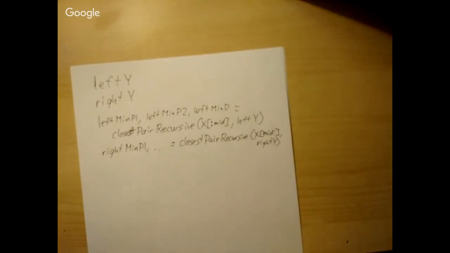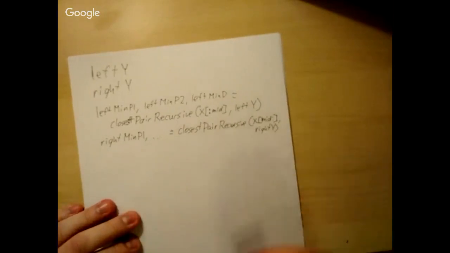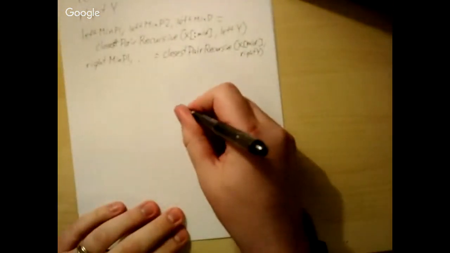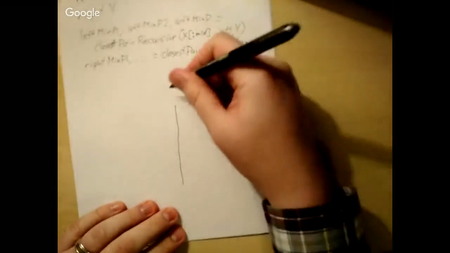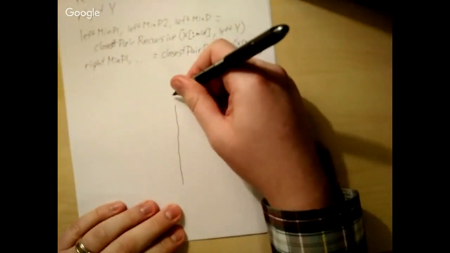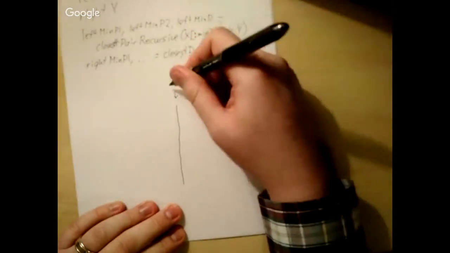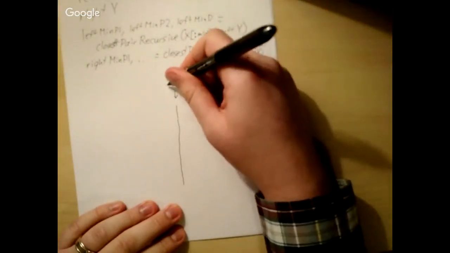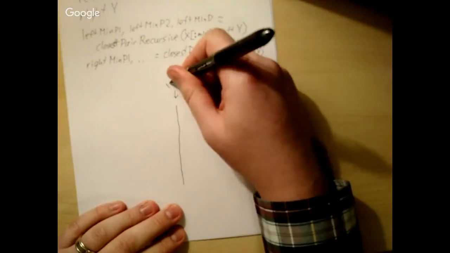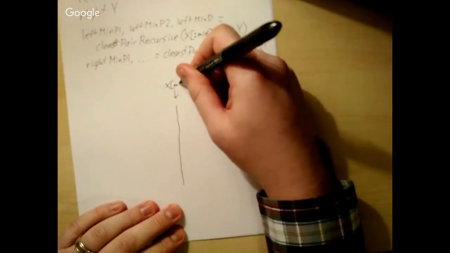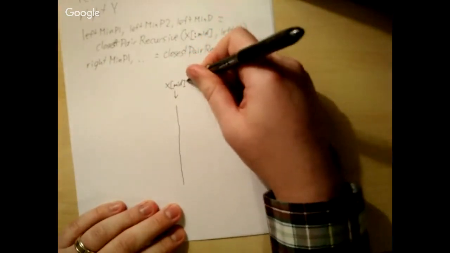So now I'm going to talk about the combine step, and this is where it gets a bit tricky. So I'm going to draw our points again, and in this case, I'm going to say that this right here is the midpoint, the x coordinate of the midpoint of the array. So that is x mid's x coordinate.